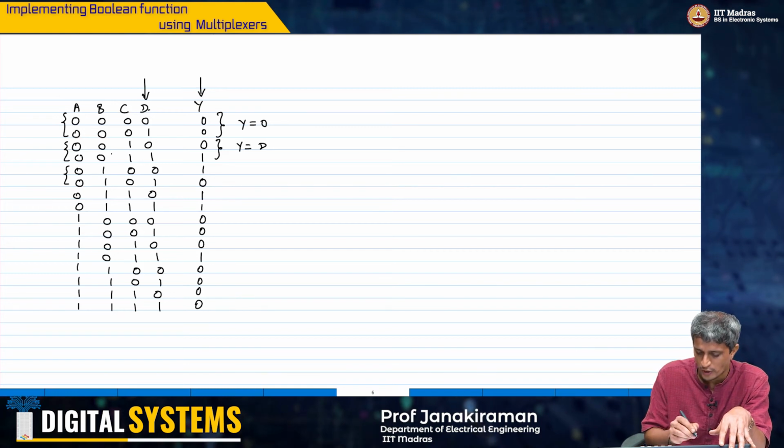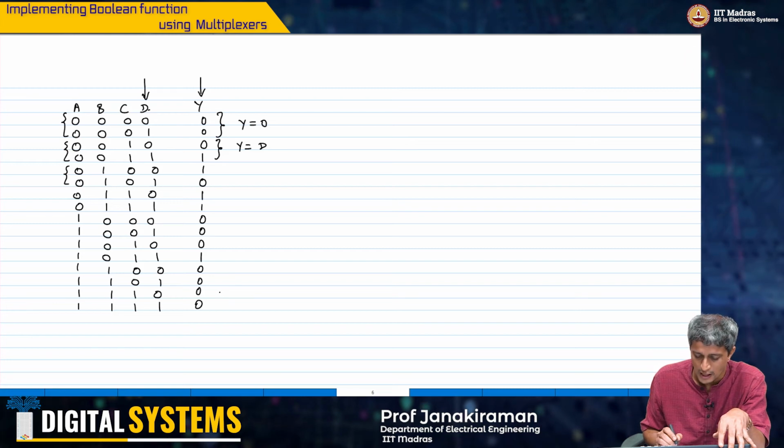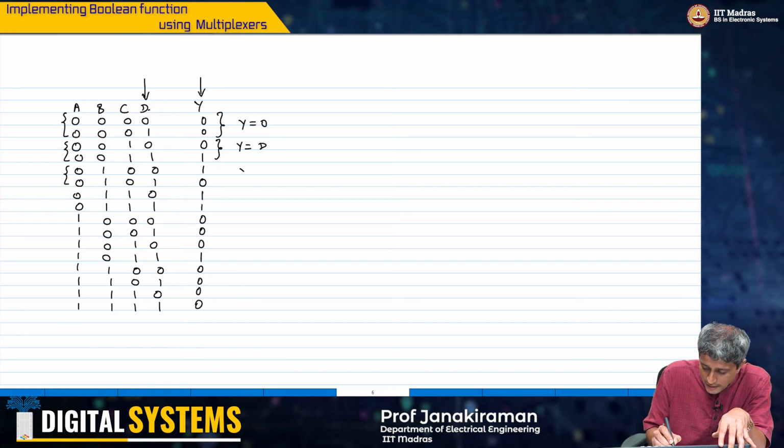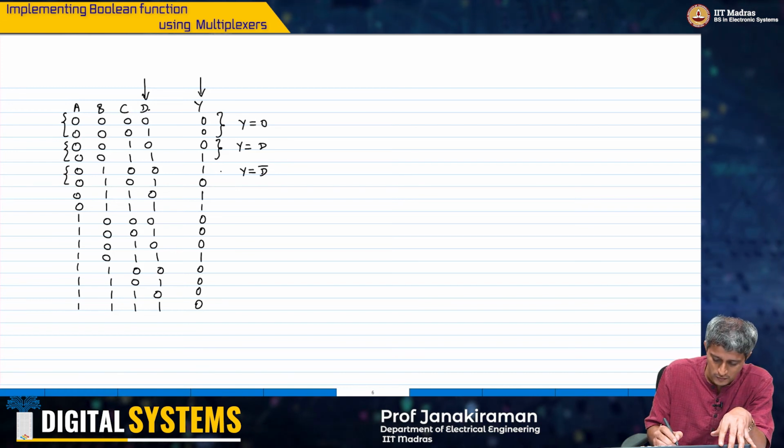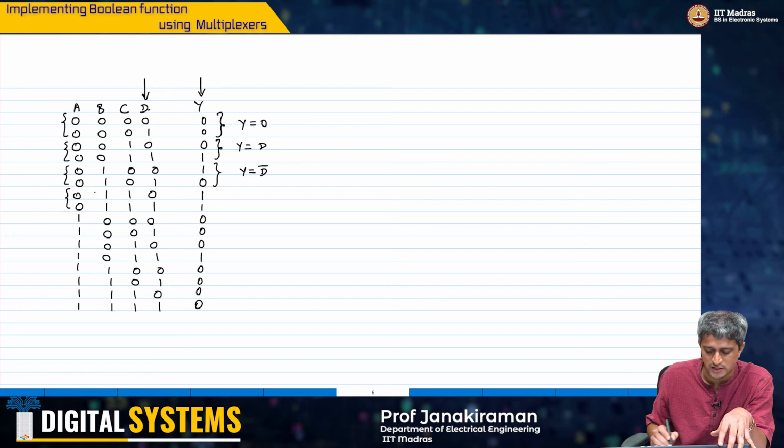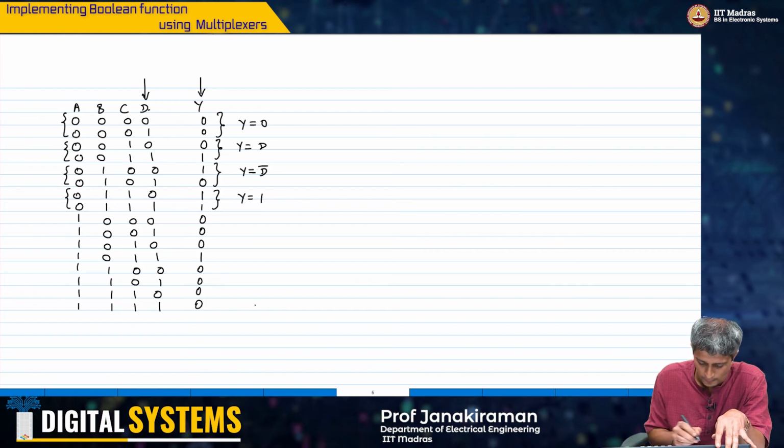When ABC is 0, 1, 0, Y is simply D bar. Again in the case 0, 1, 1, Y is independent of D and it is just 1.